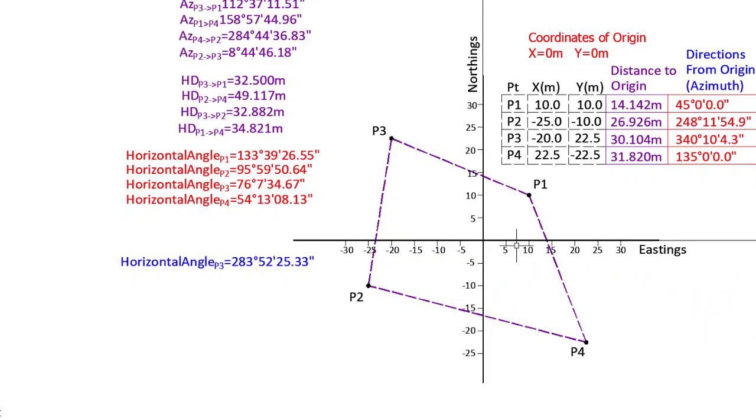Say, for example, that you have a plot of land that has this configuration and you want to sell it. How will you know what the area is? Because you need to know the area in order to establish a price. Okay, so prices of land are given by hectare or square meters. But we need to know first the extents of our plot of land.